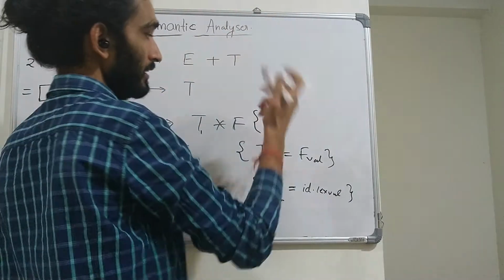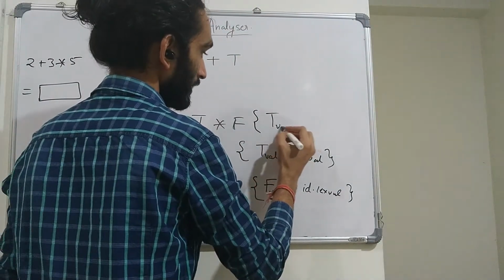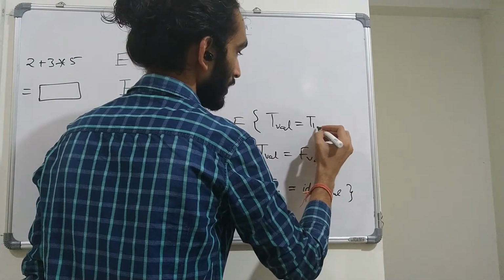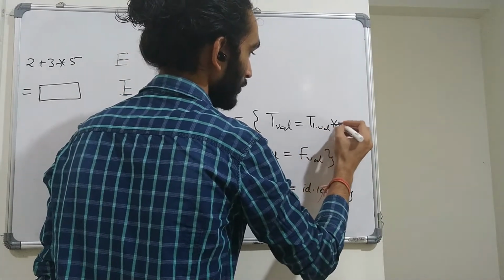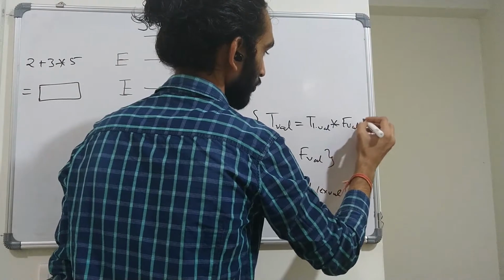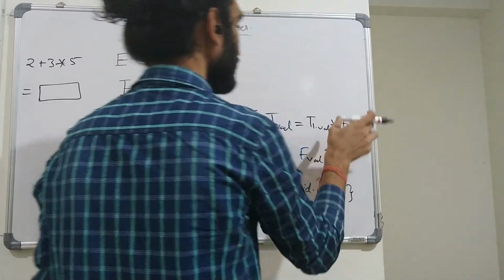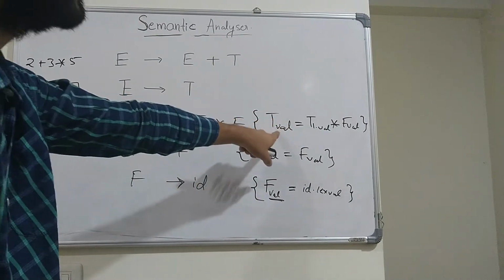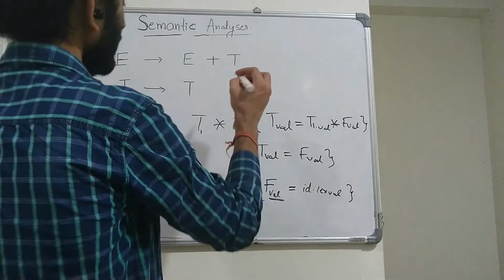So the upper t is going to have a value t val, which is going to be t1 dot val into f val. So whatever these two values are, they are going to be multiplied and then computed to the upper T, right?